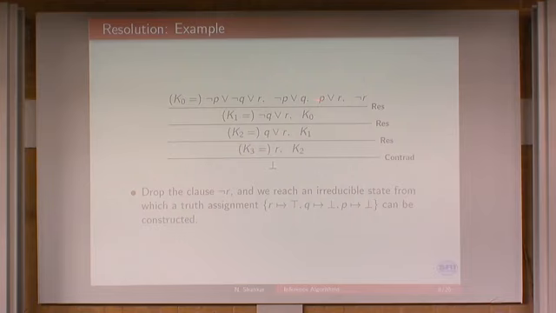Then you have no further resolution steps on P anymore, so you're not going to get new ones, so you do the Q. You resolve not Q or R with Q or R, you get R, and then R with not R gets bottom. So you've paid attention to the ordering: you always resolved only on the maximal literal.